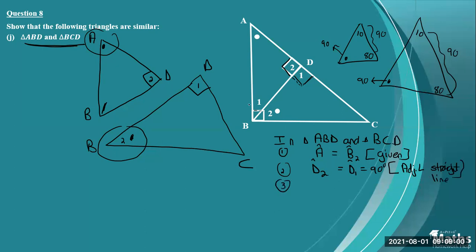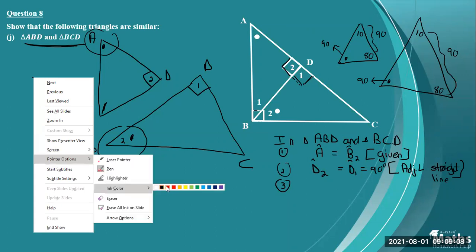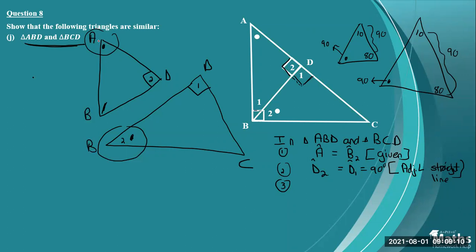And now that we've got two angles, the third angles will be equal. So let me just show you where the third angles are. In the first one, it will be A, B, D, so this would be the third angle. And in this triangle, it will be B, which we have, it's equal to A, B, C, D. So the unknown will be this one, so that would be the third angle.